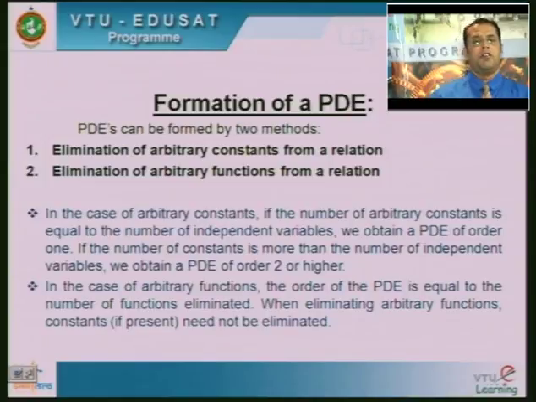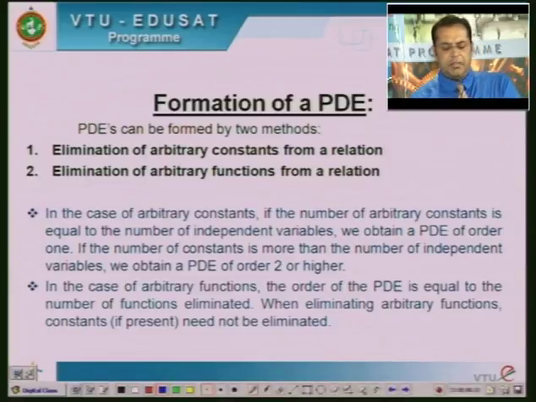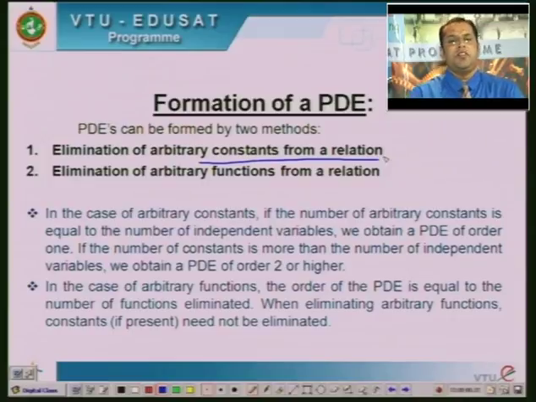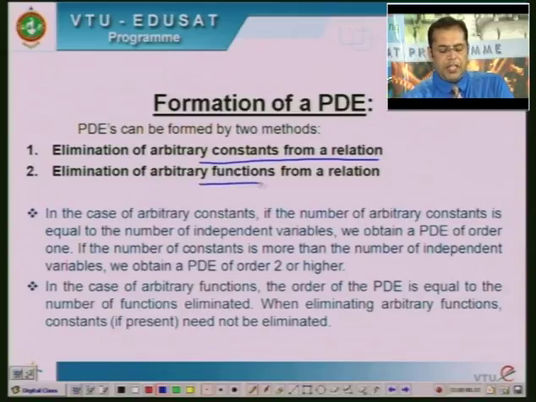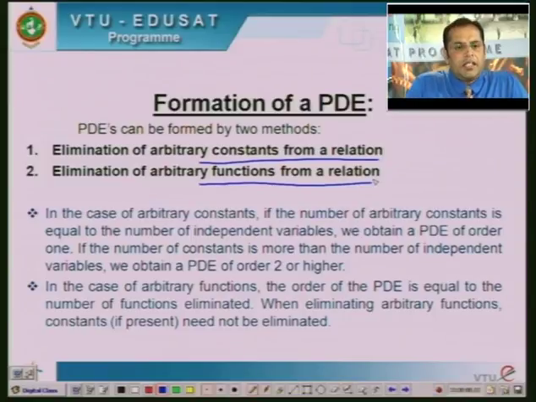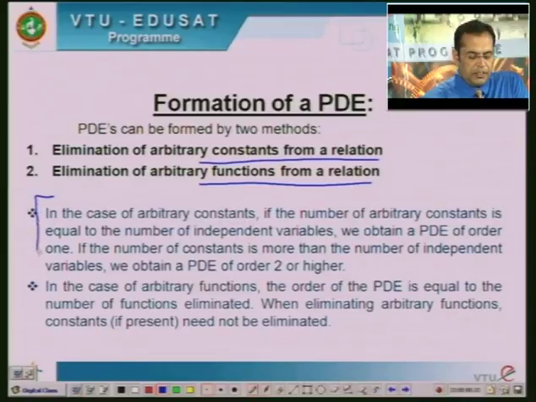recollect the following from our earlier sessions. As you know, friends, partial differential equations can be formed by 2 methods. One, by the elimination of arbitrary constants from a given relation, and the second, by the elimination of arbitrary functions from a given relation. Now, we have solved examples of this type in our first session in PDE.